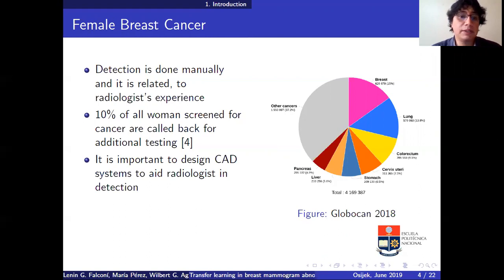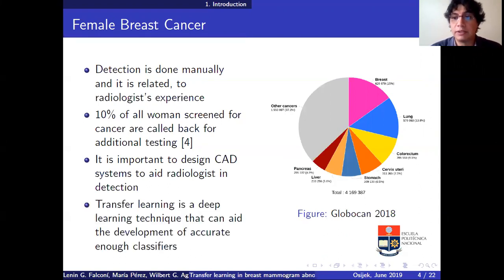So, since we have a lot of mammographies and we have this dependence on radiologist experience, it's important to use CAD systems to assist the radiologist in the detection process. In fact, these systems can sometimes detect things that are not visible through manual examination.